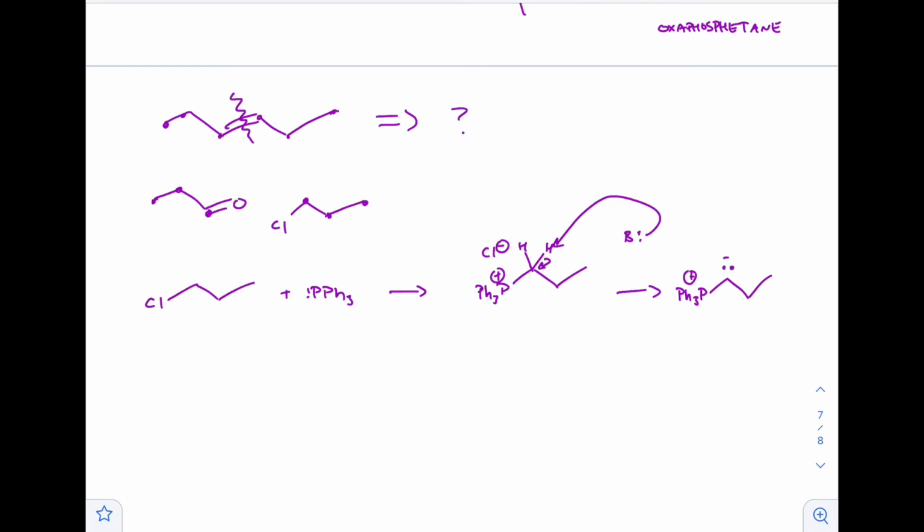Again, this guy is also called the Wittig reagent. And then we can throw that at the aldehyde, right? Methyl ethyl propyl, so it's propaldehyde or propylaldehyde. And then we end up with our desired product, right?